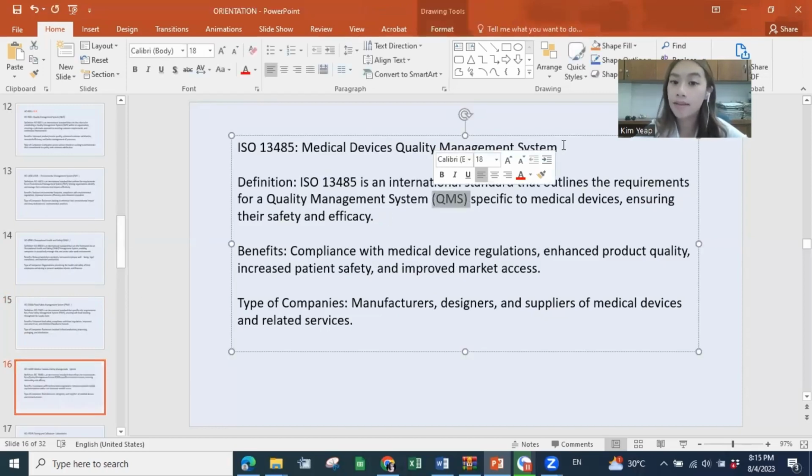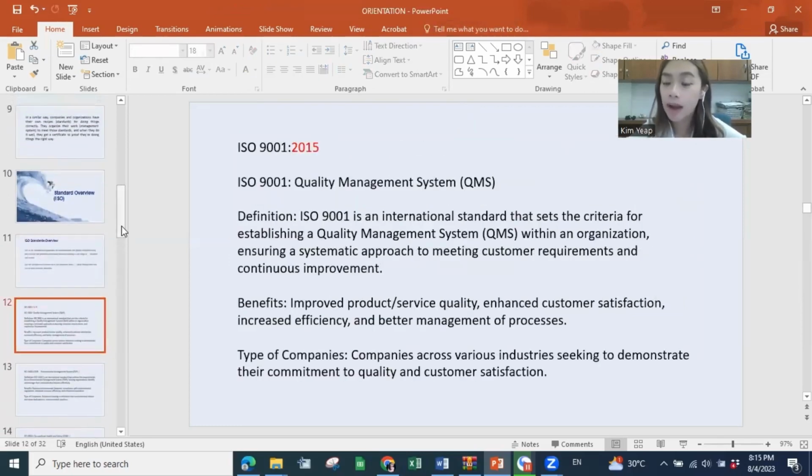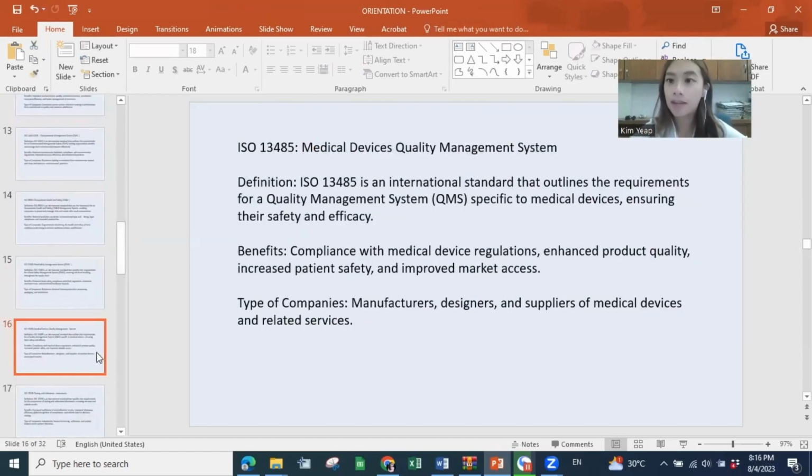See here, it also has a quality management system because they also talk about quality. But this one focuses on those who manufacture medical devices. If today you're a medical device company, you do not just follow ISO 9001, because ISO 9001 to you is not enough anymore. It's insufficient. It's too shallow. Okay, you need something more. Because as a medical device manufacturer, the main point is the medical device.